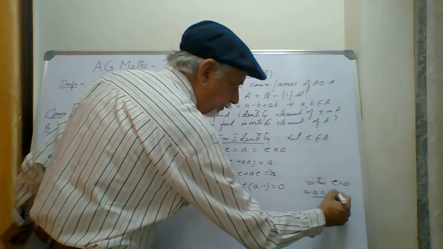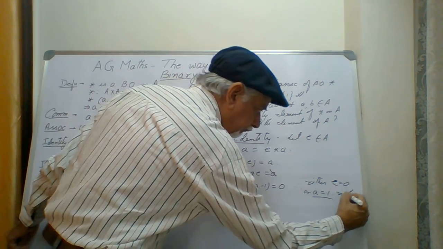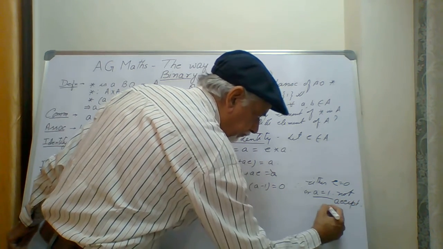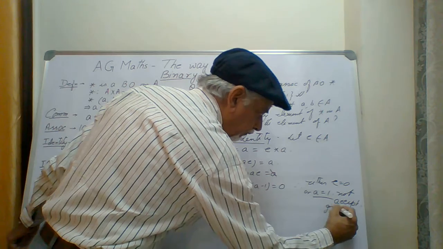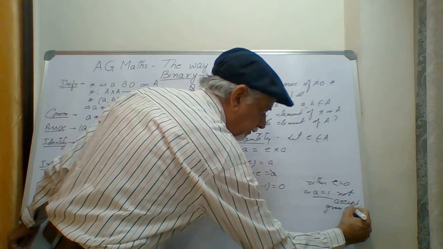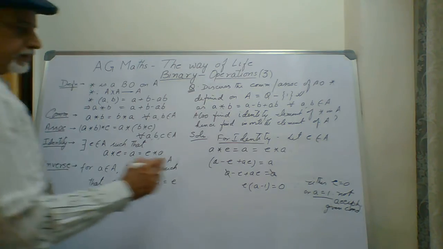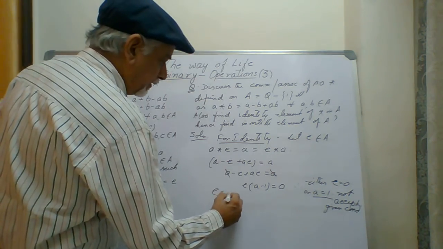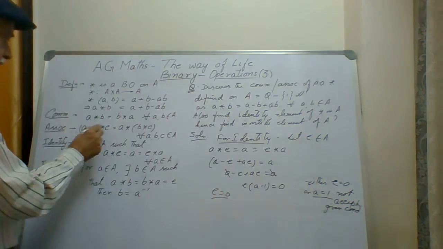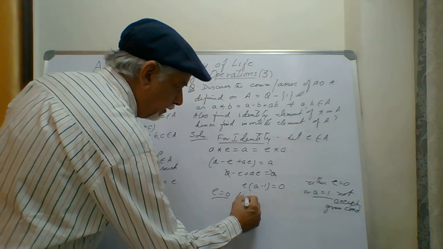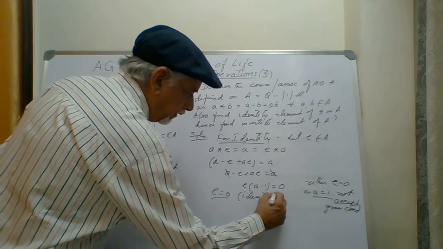So this is not acceptable. The given condition does not allow us to accept A is equal to 1. So the only solution is E is equal to 0. And what is E? E we said is the identity element. So this is the identity element.